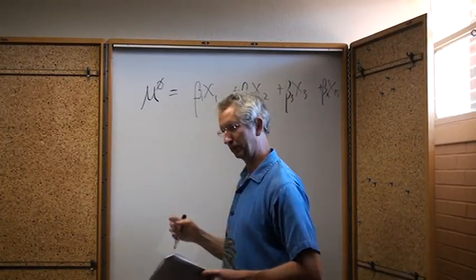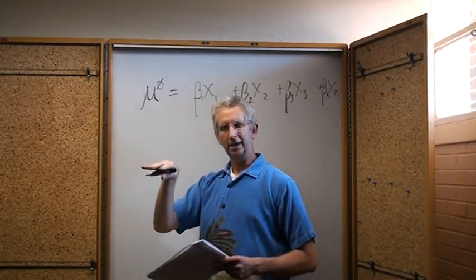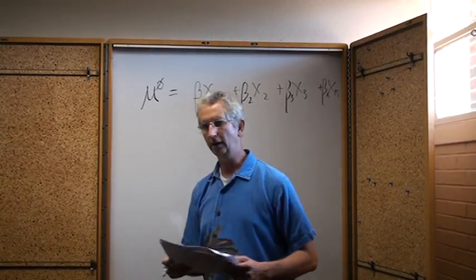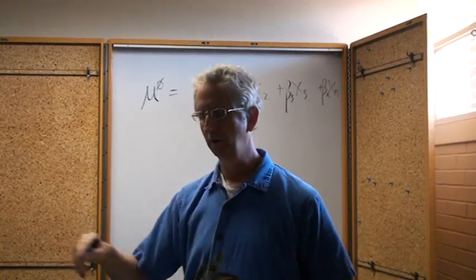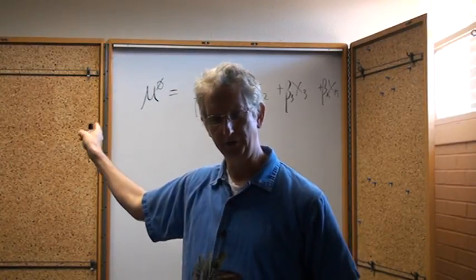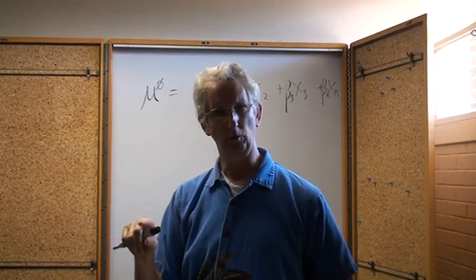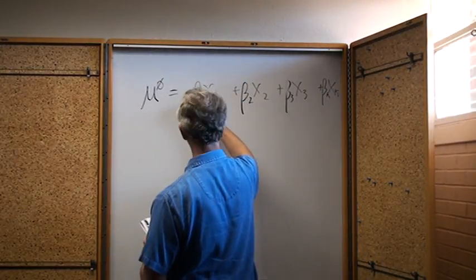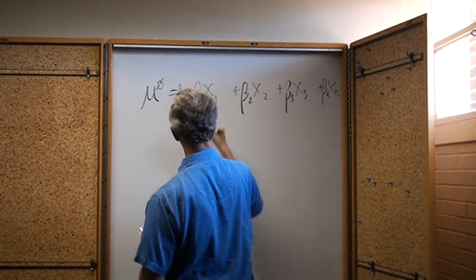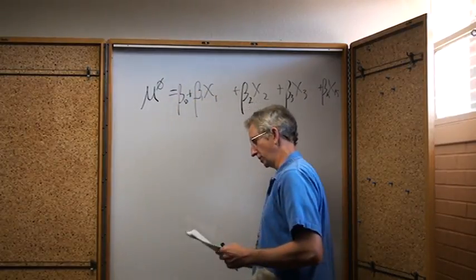And of course, adjusted for the intercept of the model, which is the level of mu superscript 0 when x is equal to 0. So that would be beta sub 0, which is the intercept. So that would be the population model.